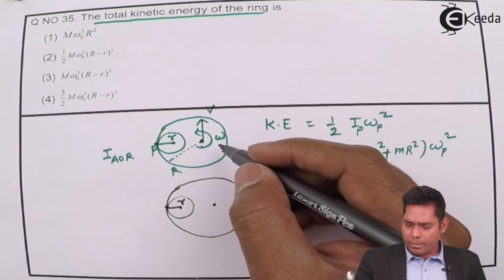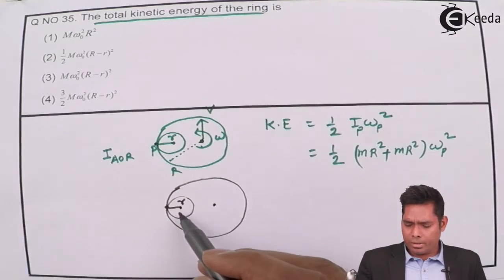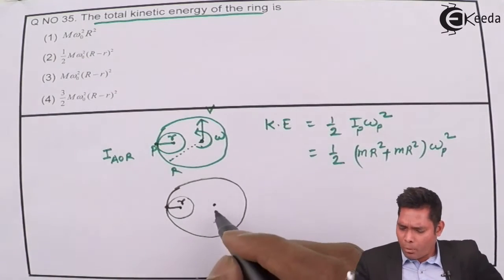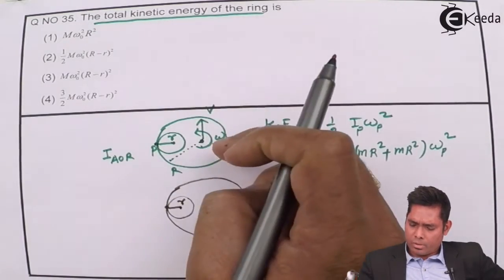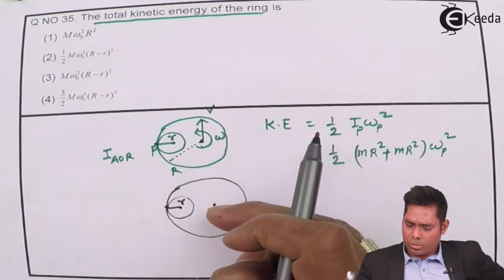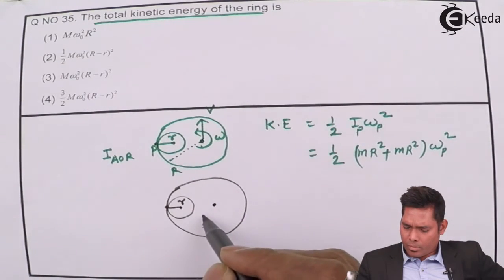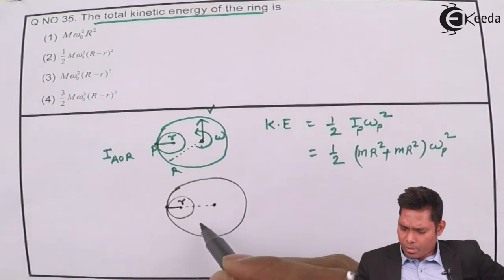But by the time, a fraction of a second later, this point is actually moving with omega here. So if this point is here and this point is here, this is the line to join them.